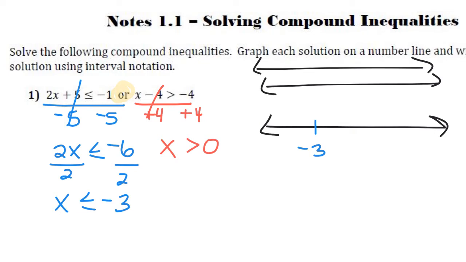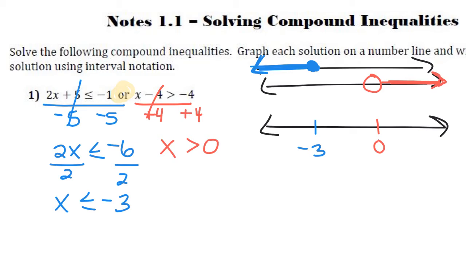So less than or equal to -3. So I can fill in or consider numbers equal to -3 or anything smaller than that. So that would be shaded to the left. And that would satisfy the first inequality. Or, we need to include numbers that are greater than 0. So not counting 0, leave that open, but greater, I'm going to shade to the right.